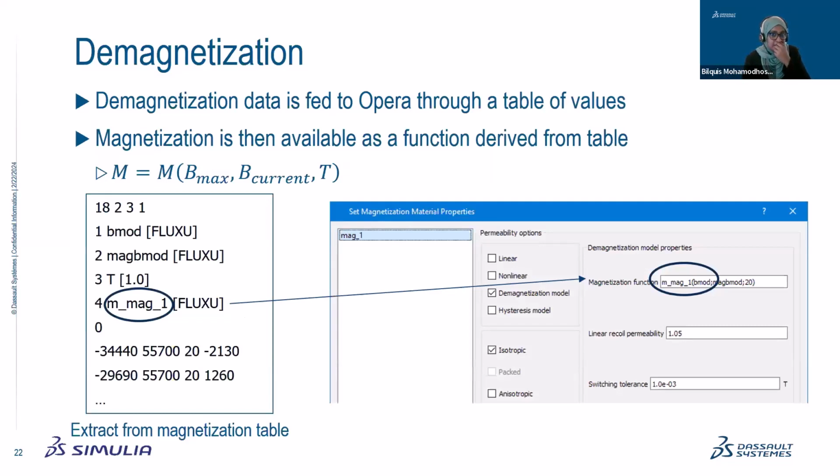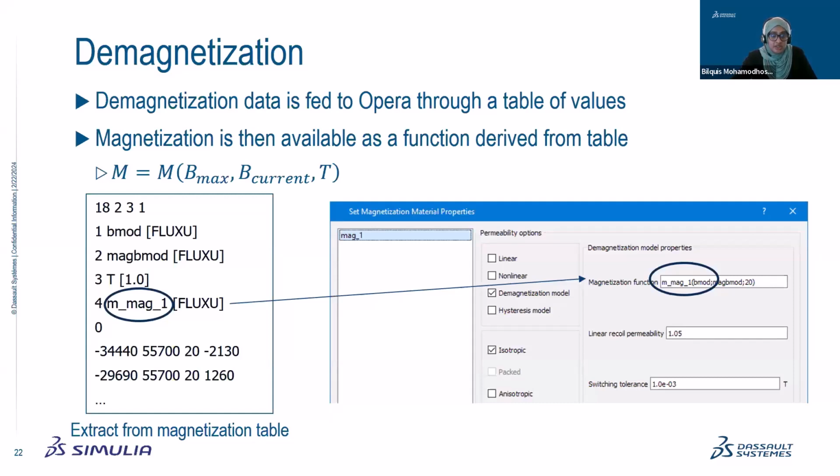This is done by reading in a table of values, which you can use, for example, to create a function of demagnetization in terms of the flux density, the temperature, or whatever values you have in your table, and then you include that in your model to model the demagnetization.